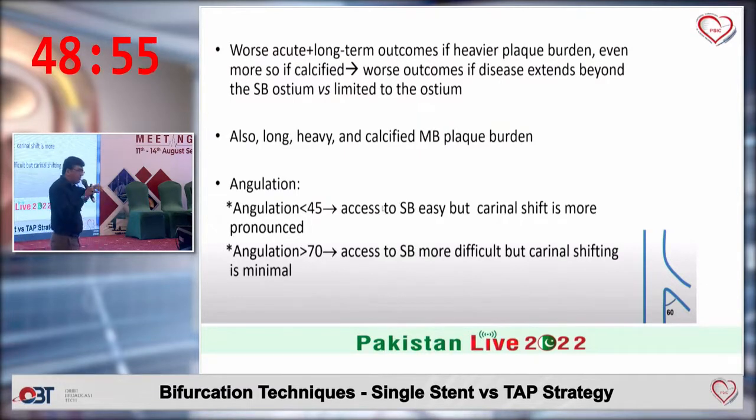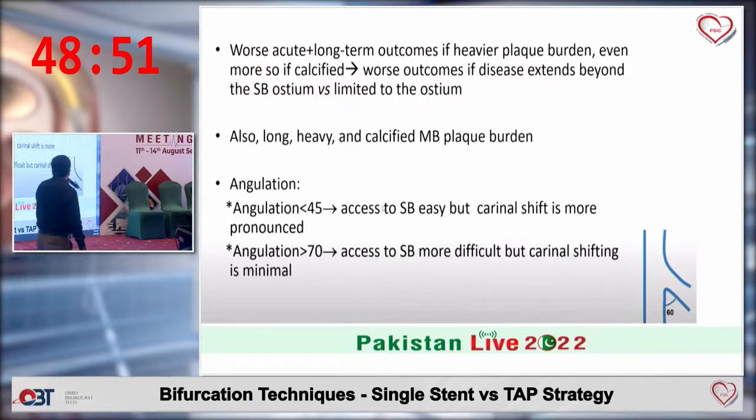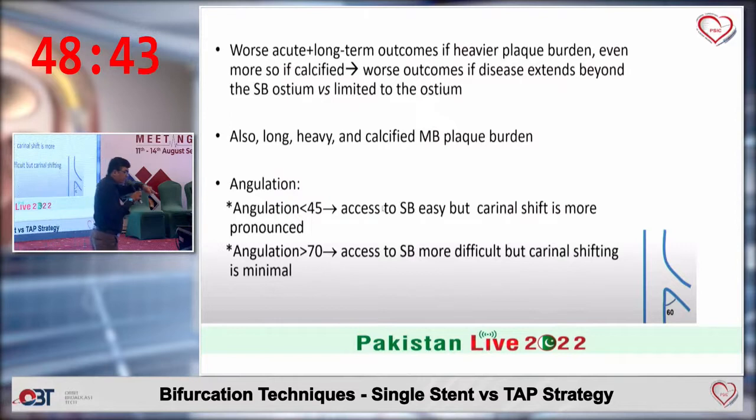The closer to the main vessel it is, the more chances of it getting compromised. If the angulation is more than 70, the access is much easier, but carina shifting is minimal. So if the angle is quite narrow, the access might be difficult, but it's much easier for the side branch not to occlude, because of the carina shift, which I will tell you about later on.